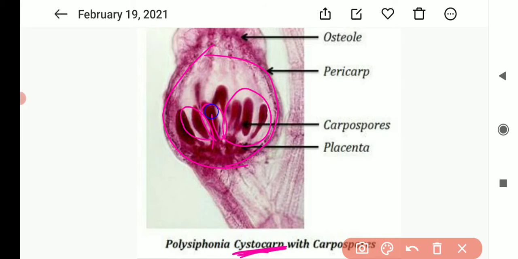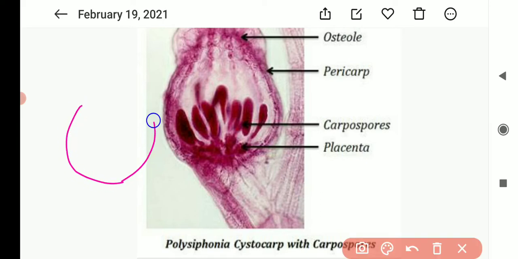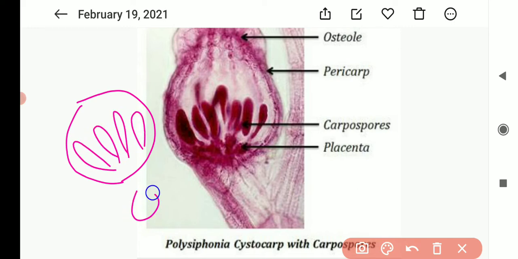You can see these carpospores. And this cystocarp is the female part, the female organ of the Polysiphonia. This is just your introductory. I will go into detail in the next video as I keep uploading. So now we know what the female is: the hint was just a cup-like structure like this, which has some spores inside. This is the female. Now this one we are clear with.